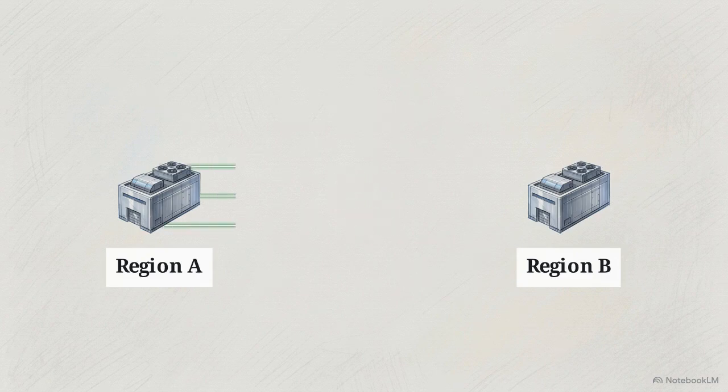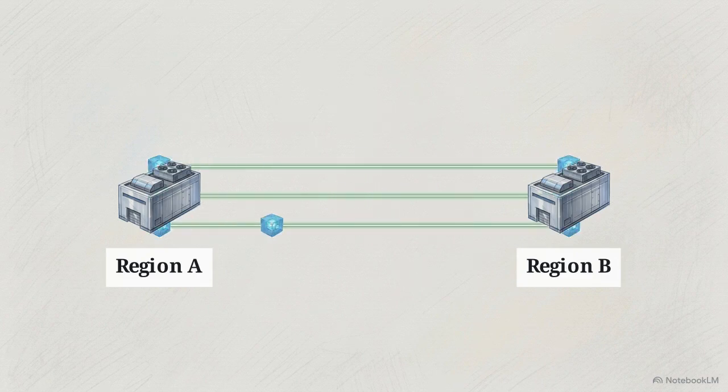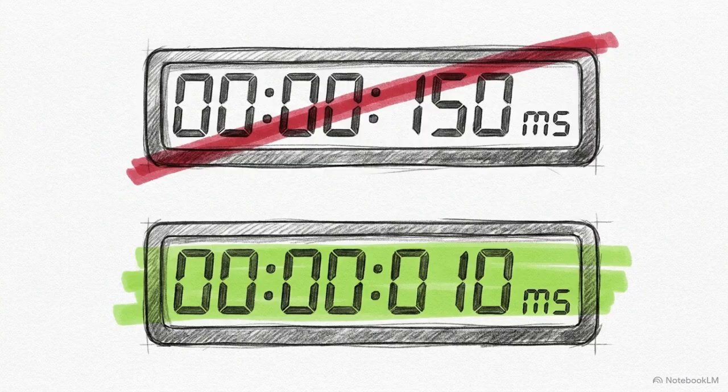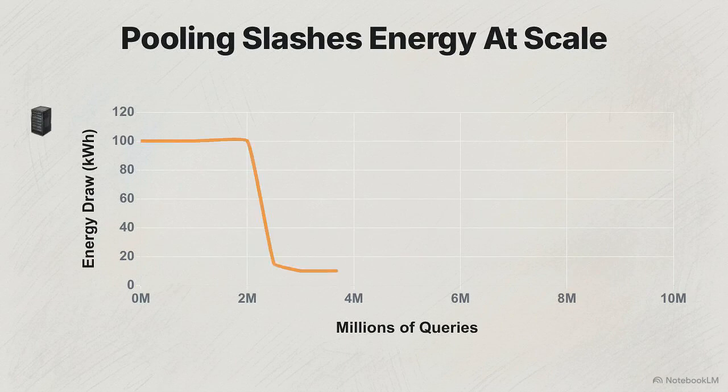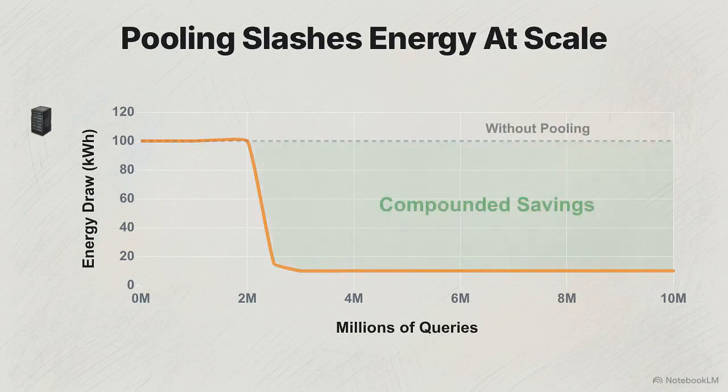Connection pooling fixes this. By reusing long-lived permanent pipes between regions, data instantly bypasses the handshake barrier. Bypassing that cross-continent setup saves tens to hundreds of milliseconds per request. Over millions of queries, this dramatically reduces the server's resource consumption and compounds your energy savings.